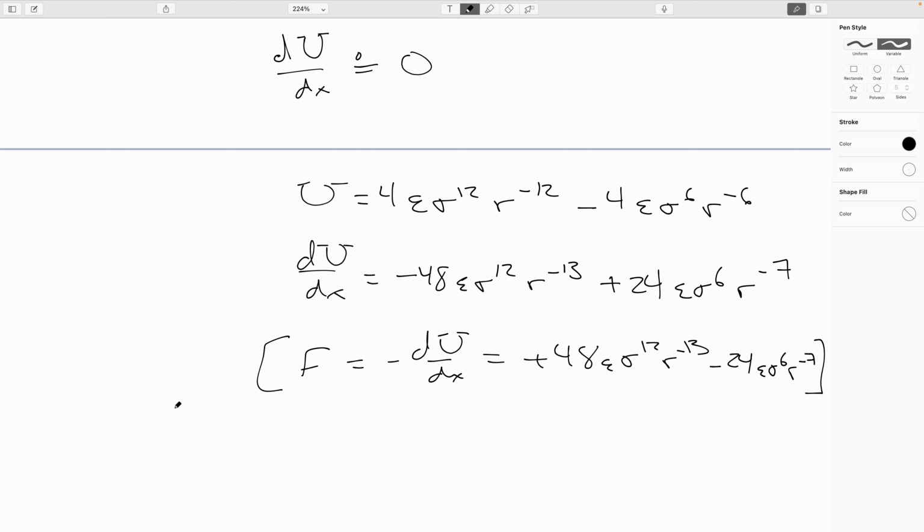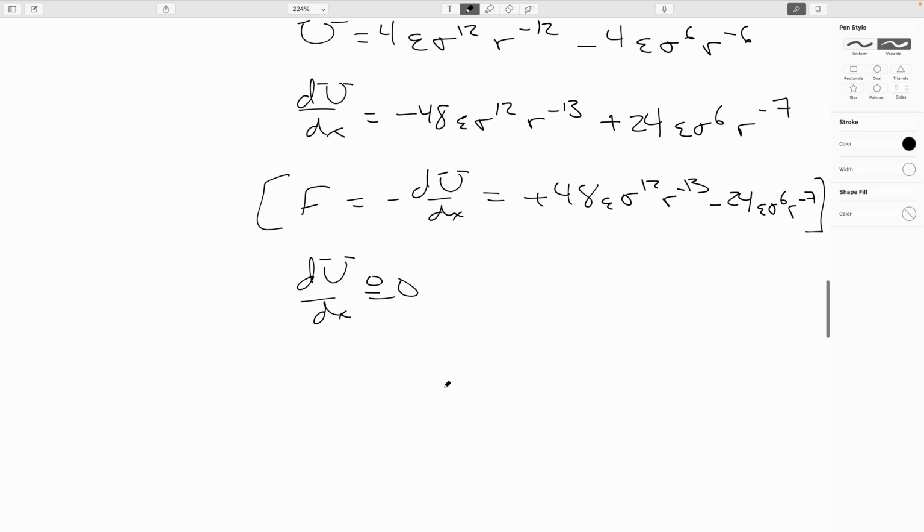But we're trying to find the equilibrium position, so we'll set dU/dx to 0. So we've got negative 48 epsilon sigma to the 12 r to the negative 13 plus 24 epsilon sigma to the 6 r to the negative 7, and we're setting that equal to 0.